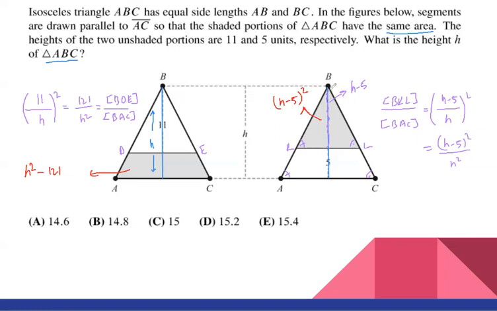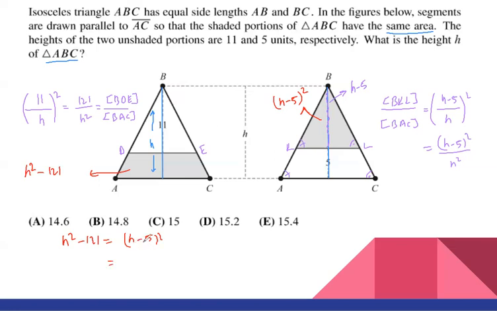This one and this one are given as the same area. So let me write this. h squared minus 121 equals h minus 5 squared. You can just go ahead and expand this one. If you remember the square of a binomial, it's good to expand like that.